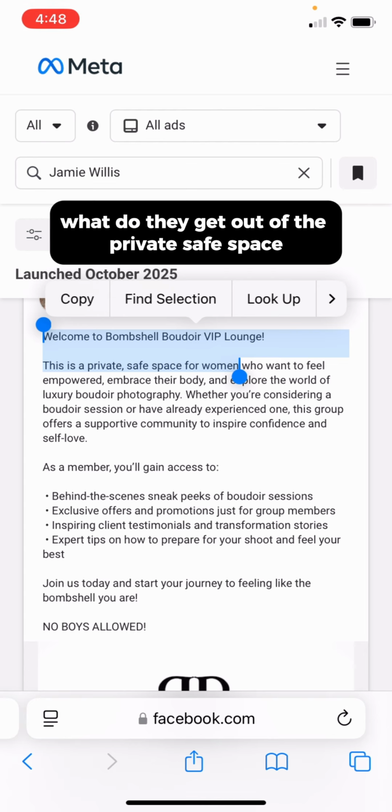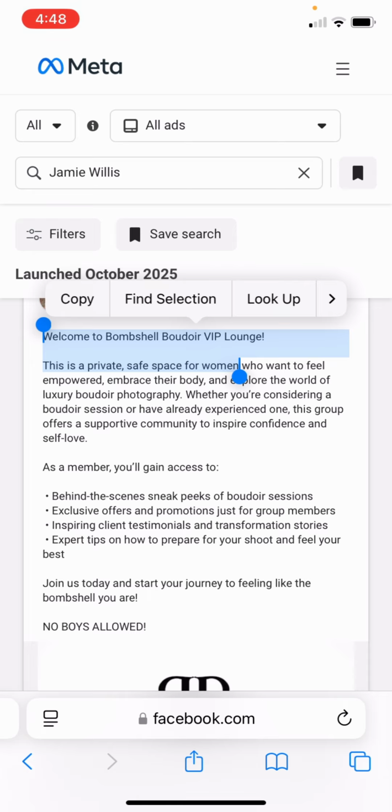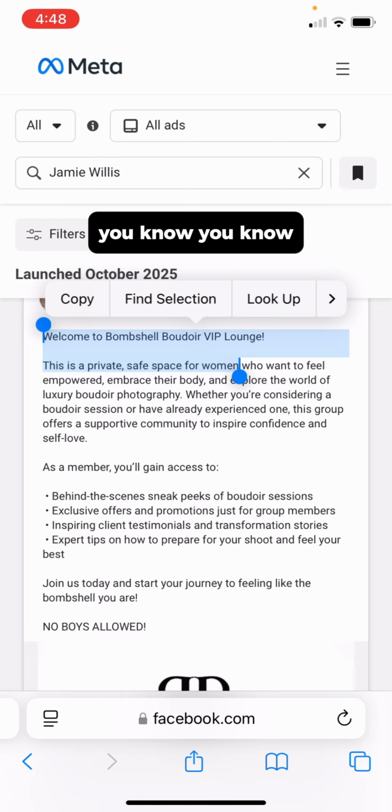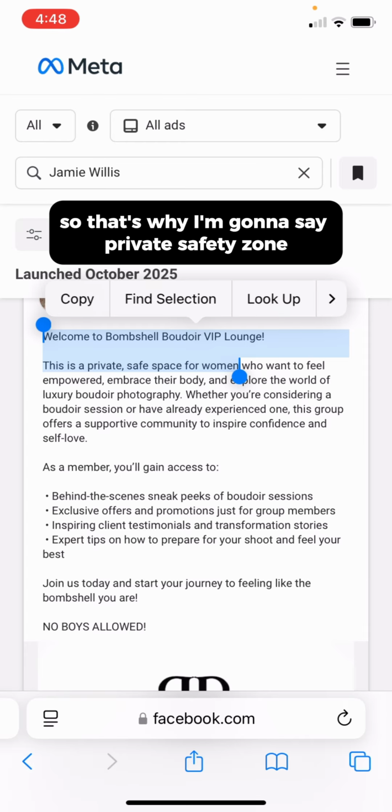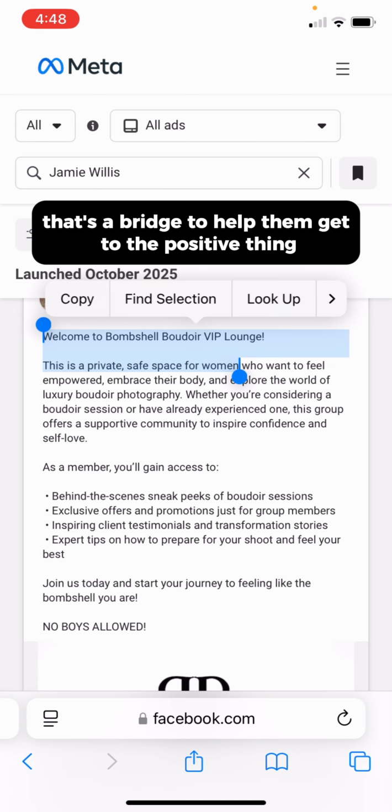Positively, what do they get out of the private safe space for women? You know, comfortable, happy, fun, enjoyment, whatever words you can think of. So that's why I'm going to say private safe space for women is a solution. That's a bridge to help them get to the positive thing they actually want.